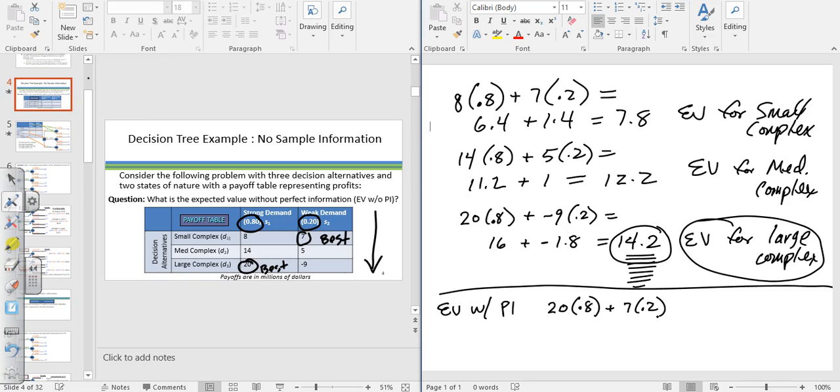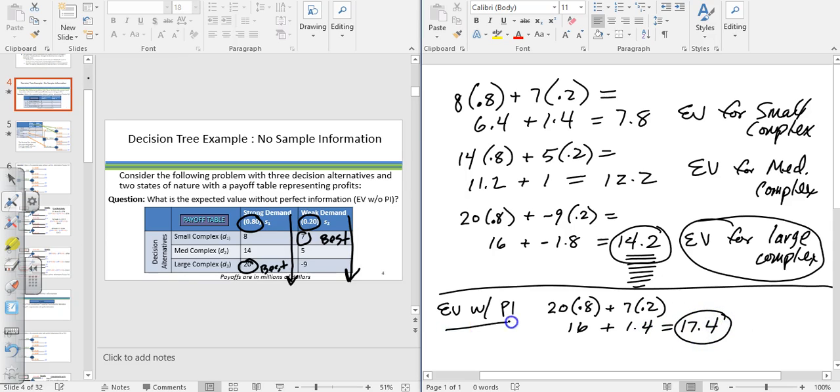We're going top to bottom. Okay, so if we continue with this, we get 16 plus 1.4, 17.4. And that is your expected value with perfect information.